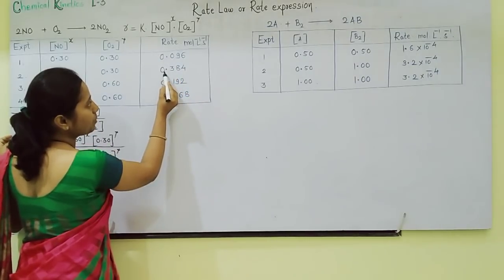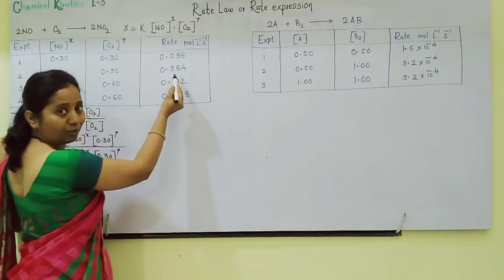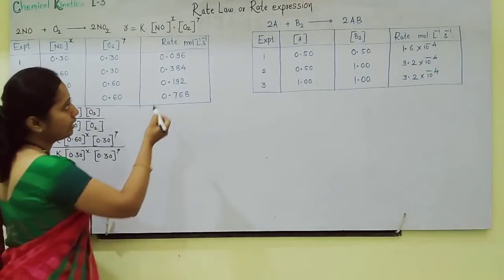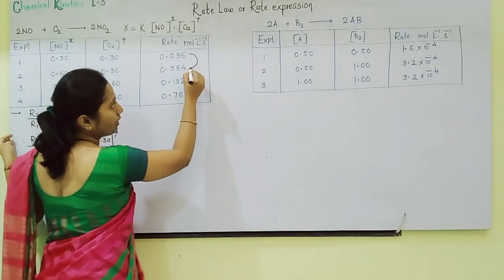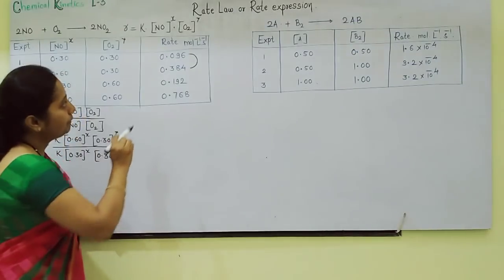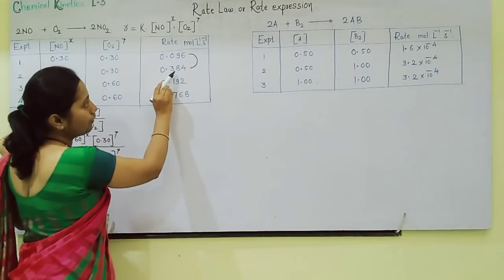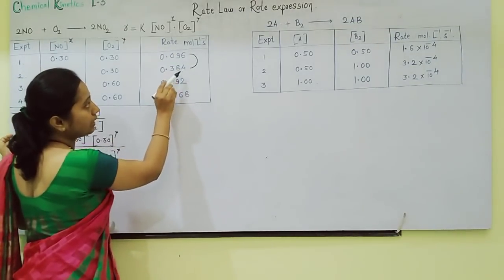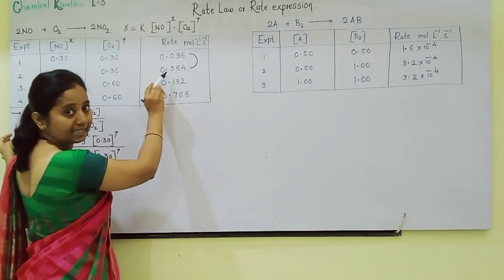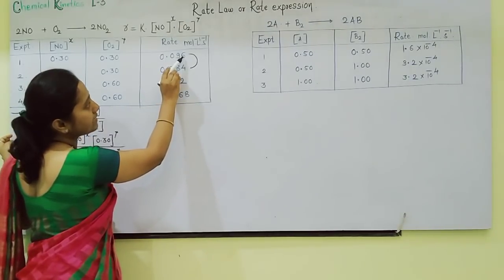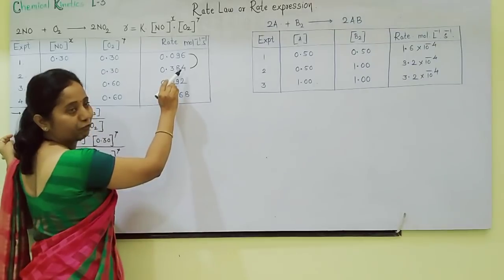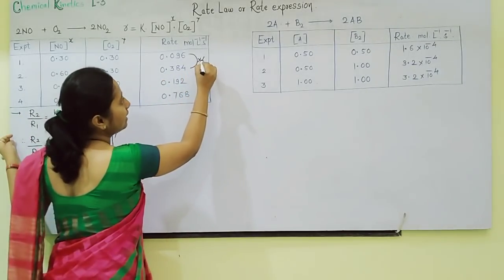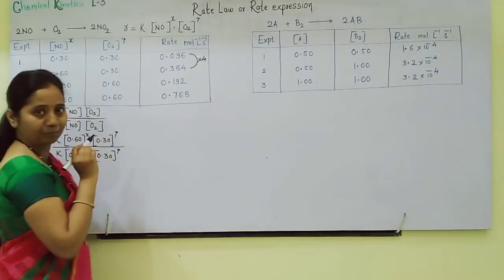The rate of the second experiment is 0.384. What can you observe? If you see it properly, the rate of the second experiment is 4 times the rate of the first experiment. Is it? 96 into 4 gives 384. So the rate has become 4 times.